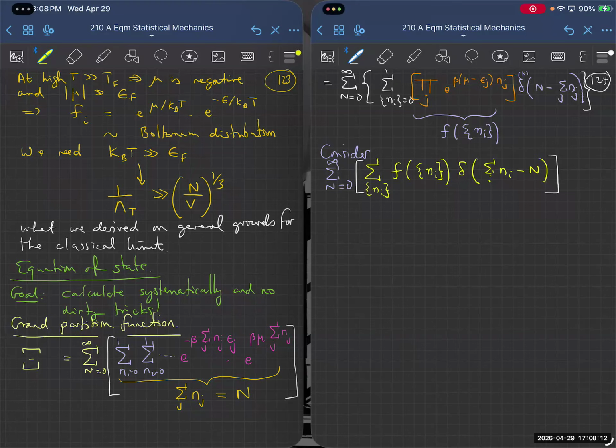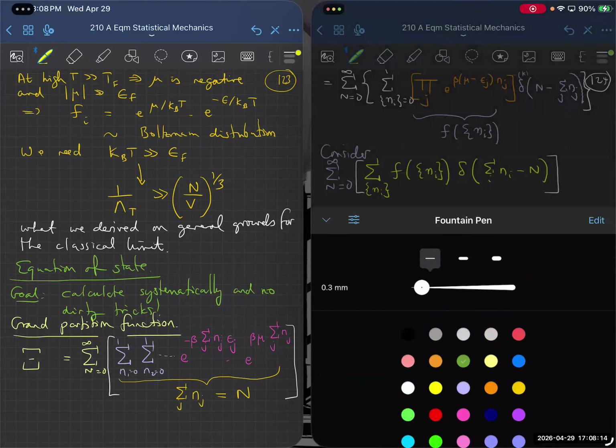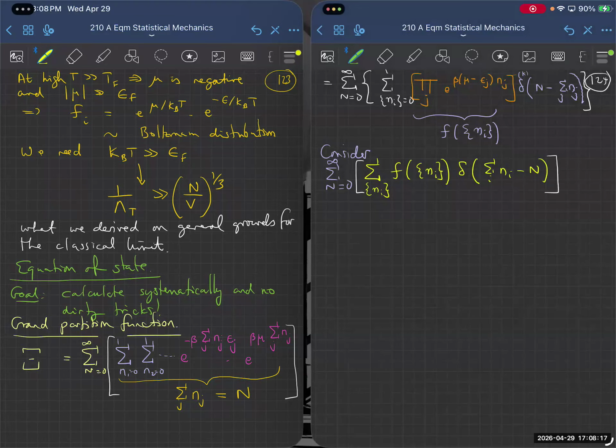So let's write out all the terms in this, and we're going to write out the terms for capital N equals 0, 1, 2, 3, and so on. So this is equal to the following. First of all, it's the sum over the occupation numbers of this function, whatever it is, but subject to the constraint that the sum over i of ni is equal to 0.